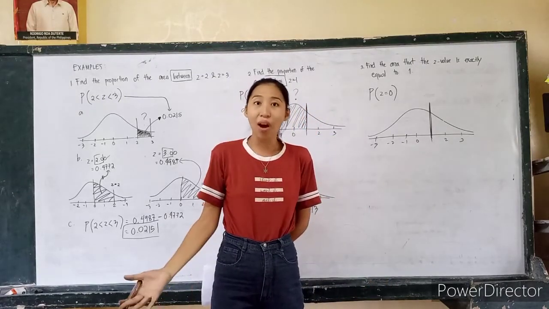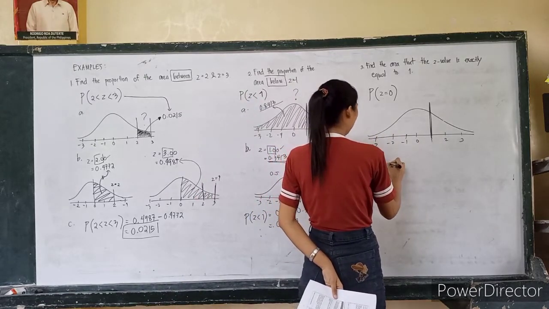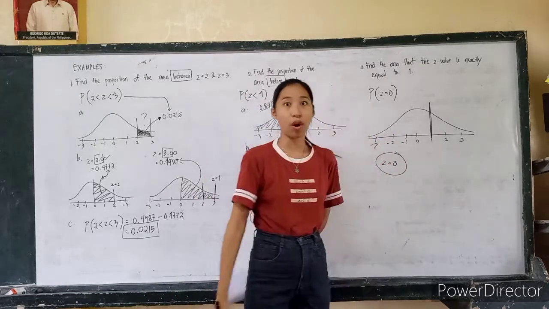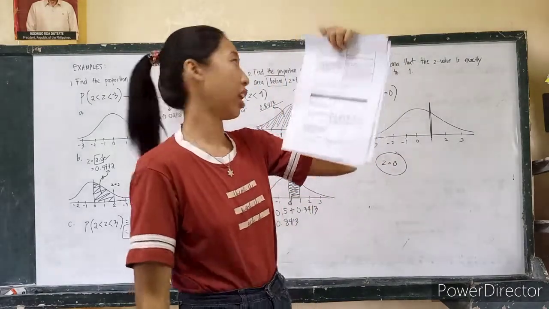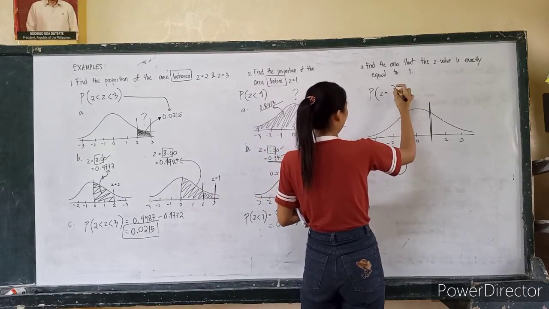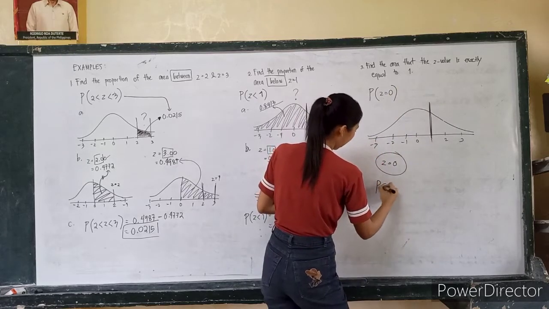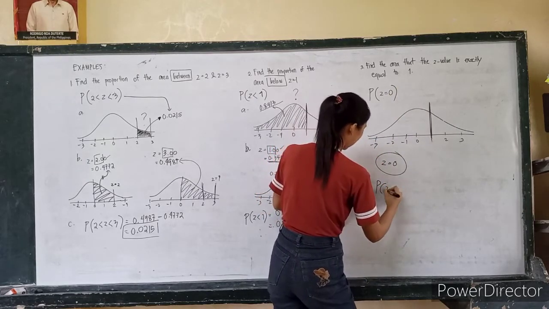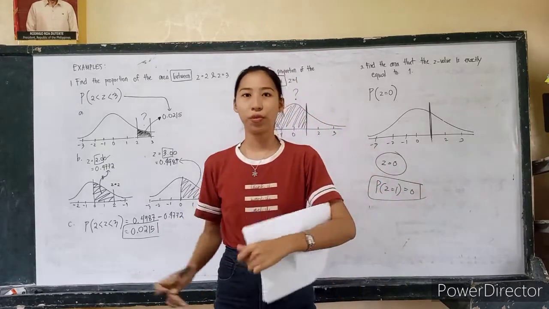That means there is nothing to solve. Therefore, it is automatically 0. So P of z equal to 1 is equal to 0.